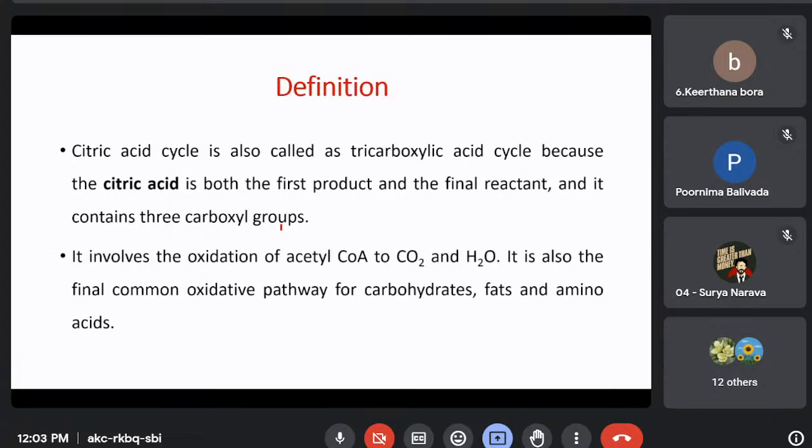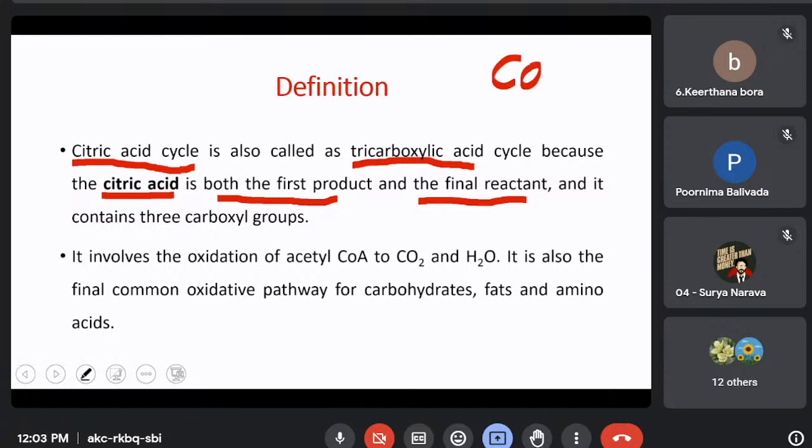So coming to the definition, the Krebs cycle was discovered by a scientist called Krebs. It is called the citric acid cycle and also the tricarboxylic acid cycle because citric acid is both the first product and the final reactant in this cycle. And this citric acid contains three carboxyl groups.